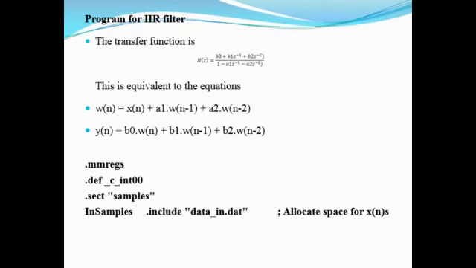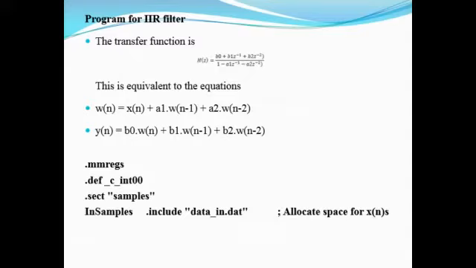For a program to be written for the IIR filter, we take up a transfer function. H of z is b0 plus b1 z power minus 1 plus b2 z power minus 2, divided by the denominator 1 minus a1 z power minus 1 minus a2 z power minus 2. This is the equivalent equation we have already discussed.